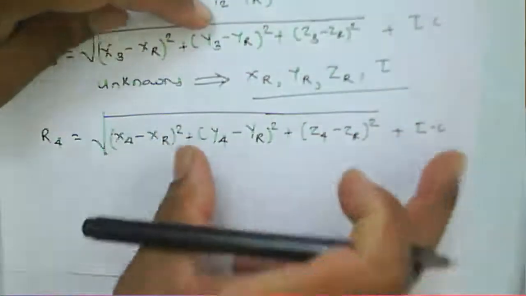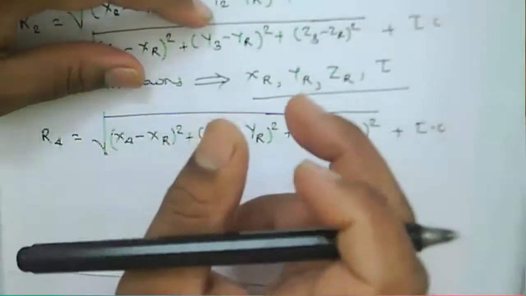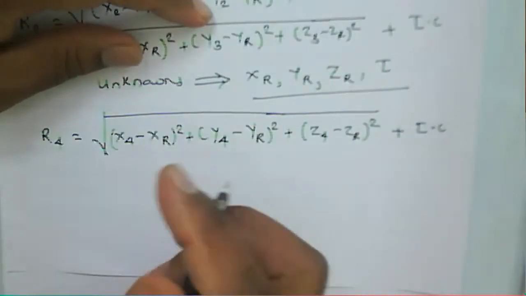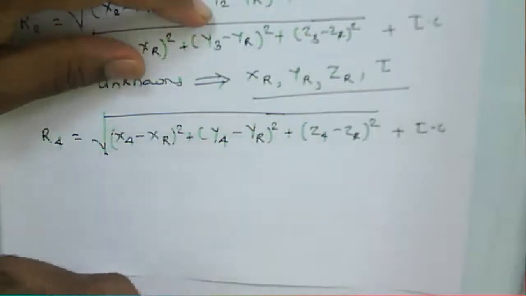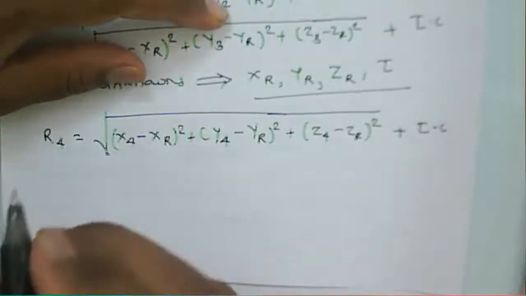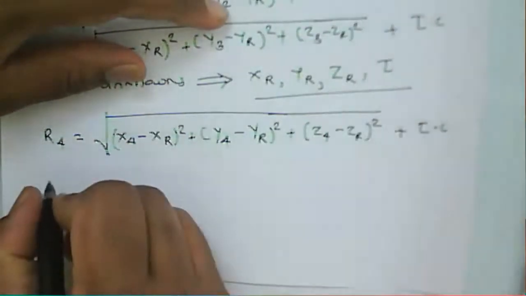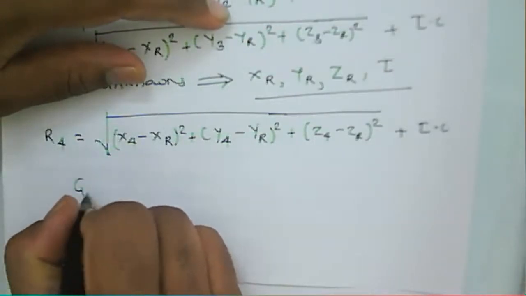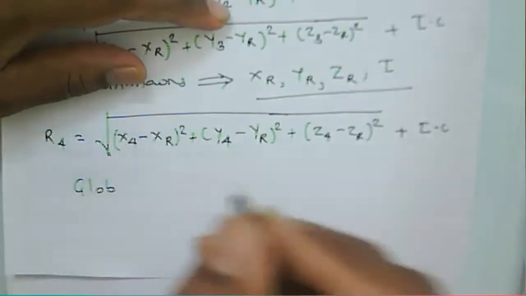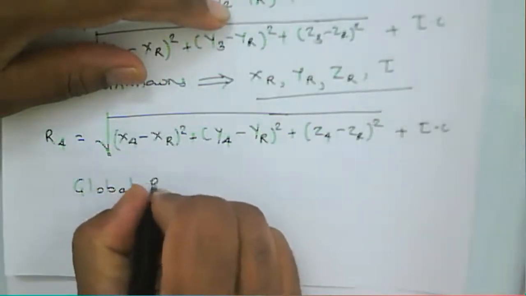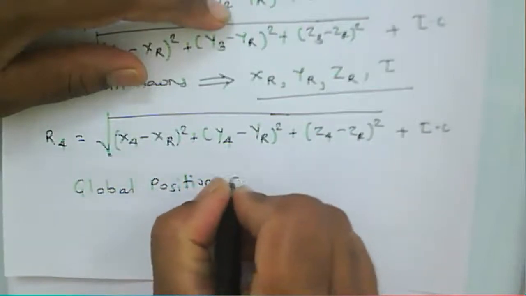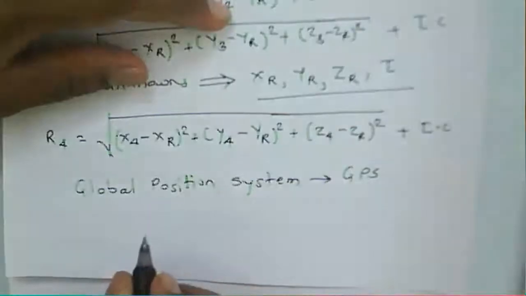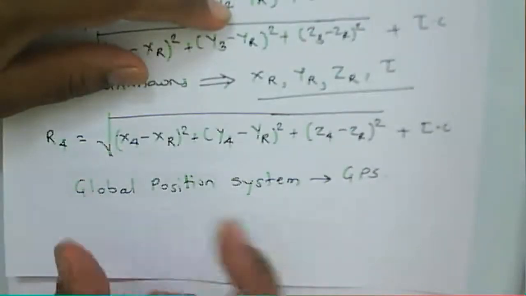Now this is the principle used in satellite navigation systems, and there are different navigation systems. We have the global positioning system, the GPS.